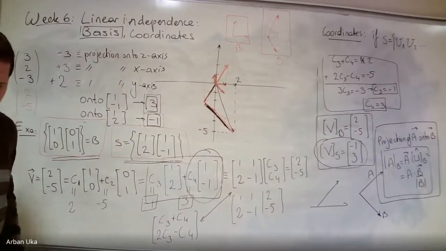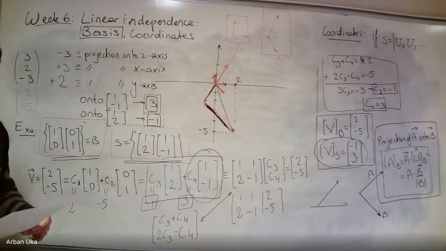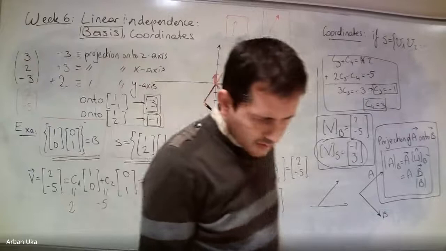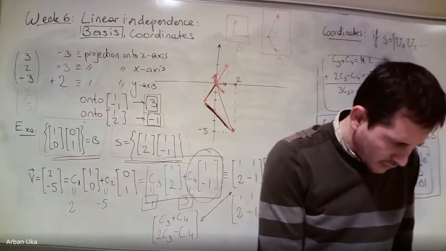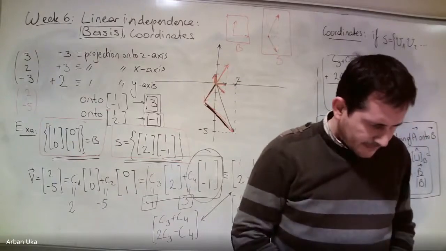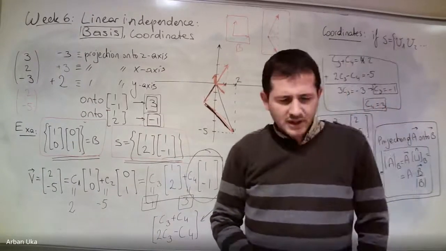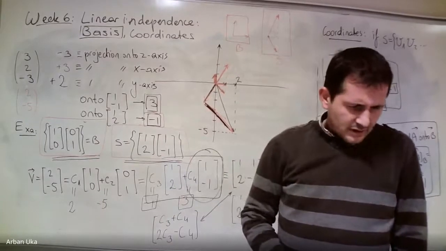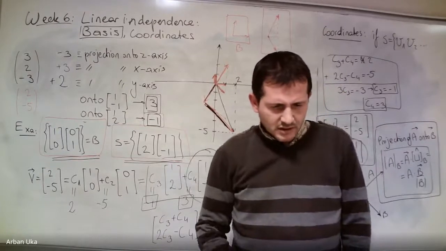Okay, now we did the basis and the coordinates, and the next material that we want to go over is the dimension. But for today, I think we are running out of time.